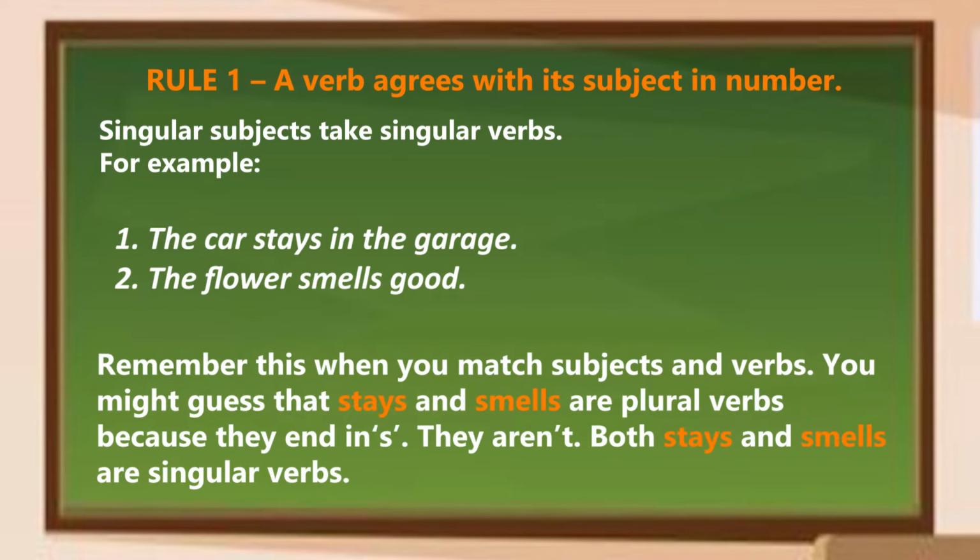Remember this: when you match subjects and verbs, you might guess that the words stays and smells are plural verbs because they end in S, but they aren't. Both stays and smells are singular verbs. So remember that when you're looking at subject and verb agreement.